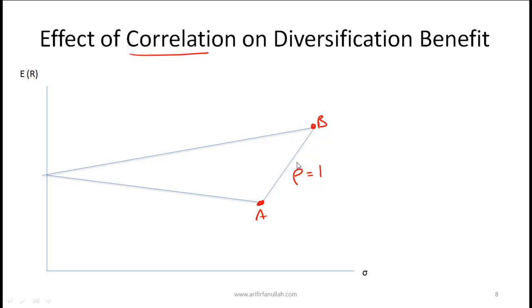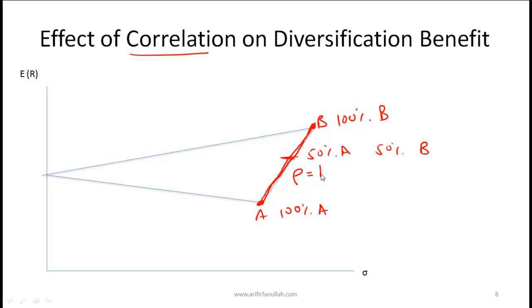If the correlation between A and B is 1, then as we move along this line, this point A represents 100% of A, this point represents 100% of B, and as we are moving from A to B, all we are doing is changing the relative weightage of A and B. Like at the halfway mark, we would be 50% A and 50% B.